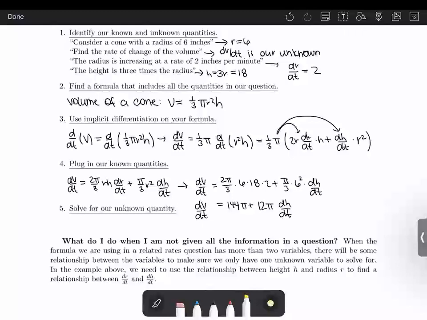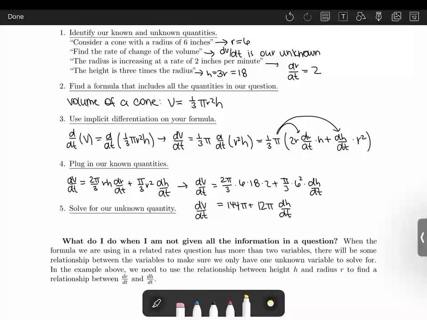So in this case, we actually need to do some problem solving to figure out what we can plug in for dH/dt. So specifically, when the formula that we're using in a related rates question has more than 2 variables, there's going to be some relationship between the variables to make sure that we only have one unknown to solve for.